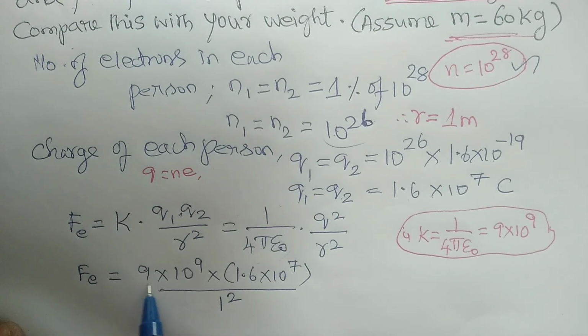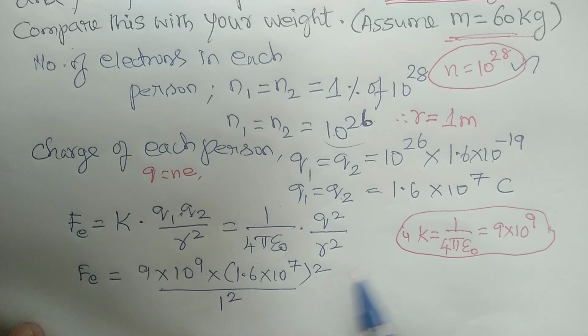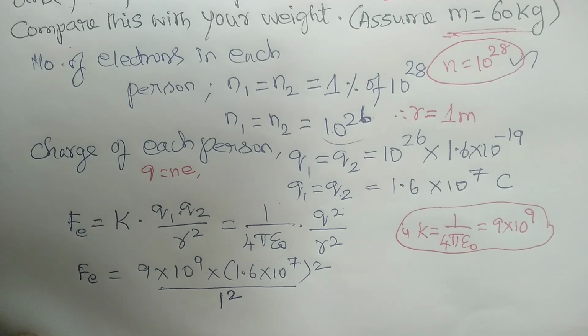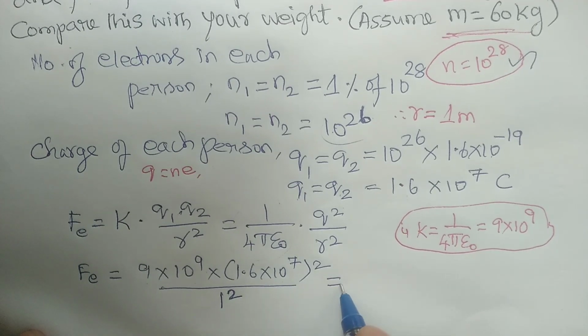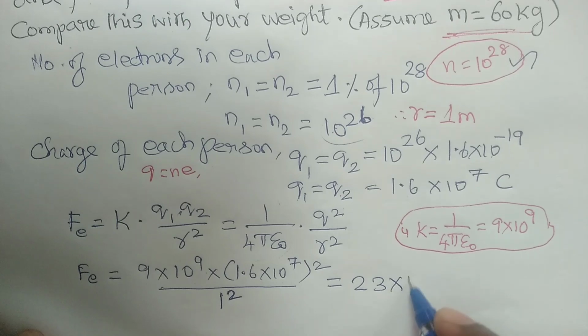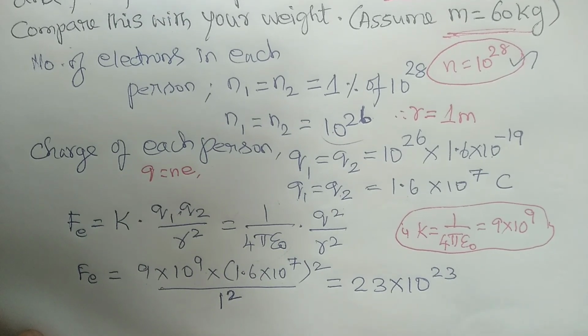So 9 into 10 power 9, times 1.6 into 10 power 7 the whole square, divided by 1 square. If you calculate this value, we get 23 into 10 power plus 23.